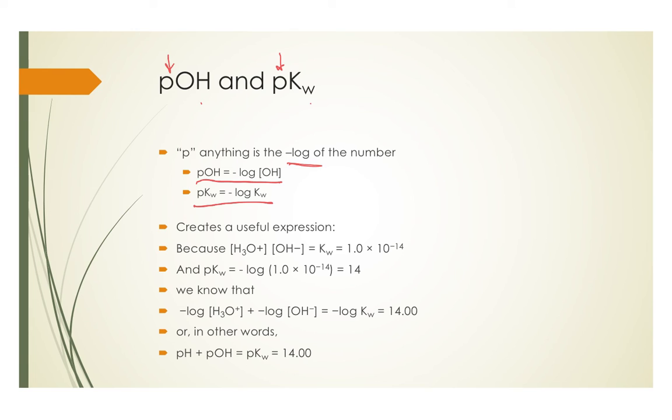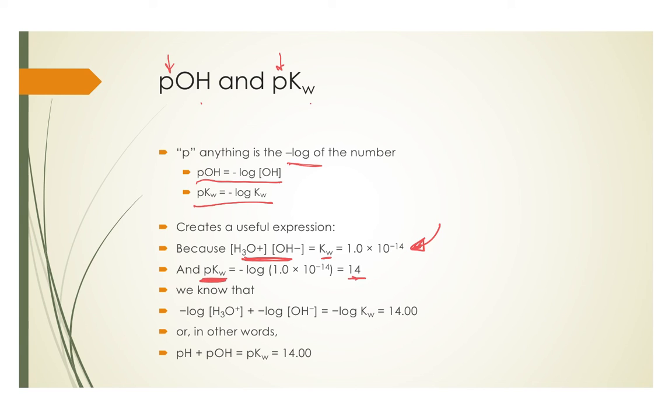If we put those together, we can get a fairly useful expression because at that standard condition, we know that the concentrations of the two ions multiplied together is equal to KW, which is 1 times 10 to the negative 14th. So that means pKW is 14.